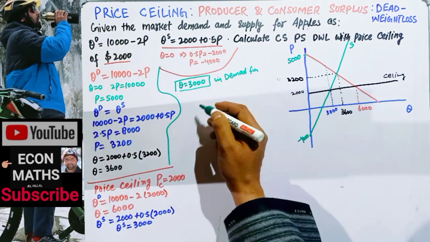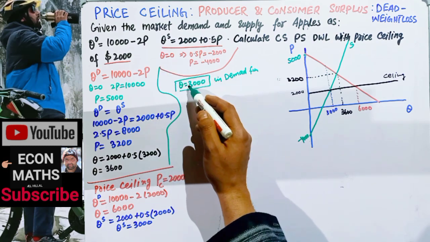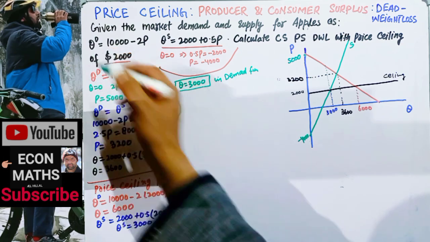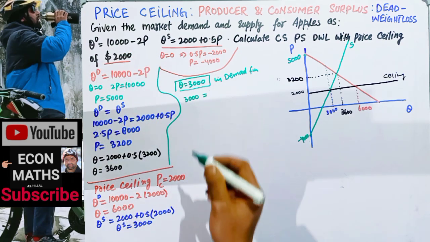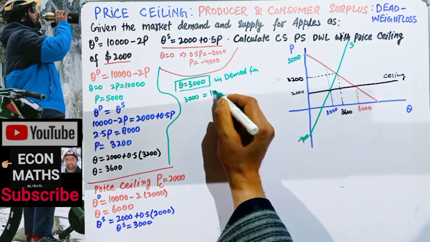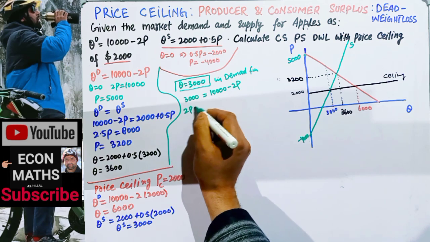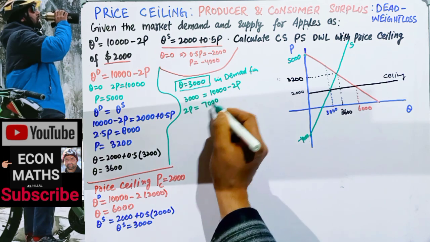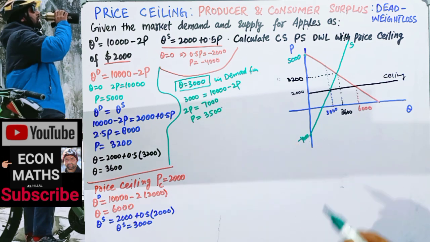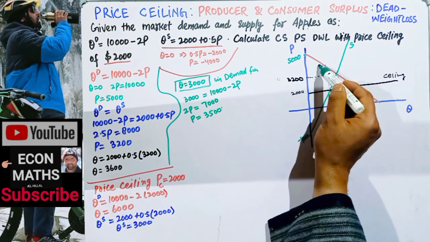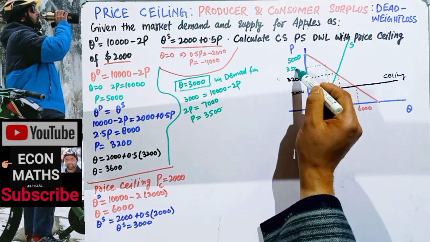We need to find the price corresponding to the quantity of 3000. So in place of QD, we will have 3000 equal to 10,000 minus 2p, solving for p. So we have 2p equal to 7,000, which gives us p equal to 3,500. We actually need this very value here. So this is here 3,500.